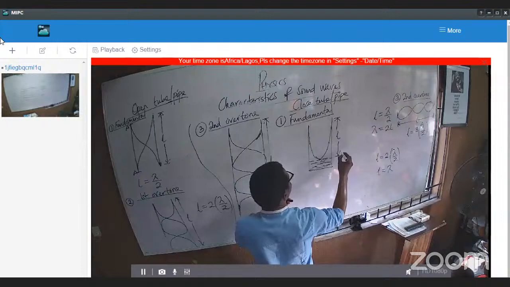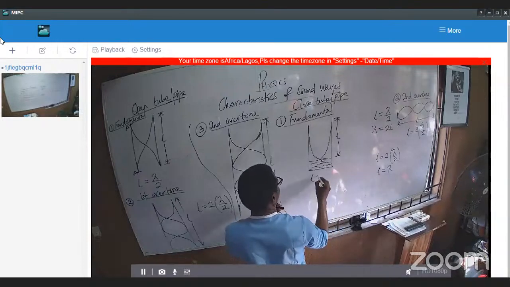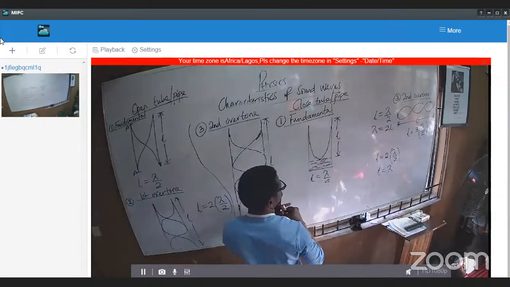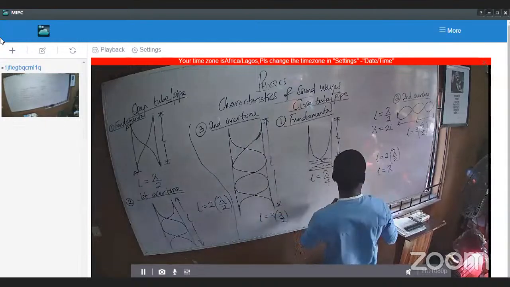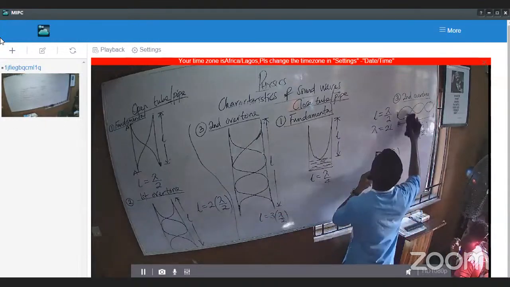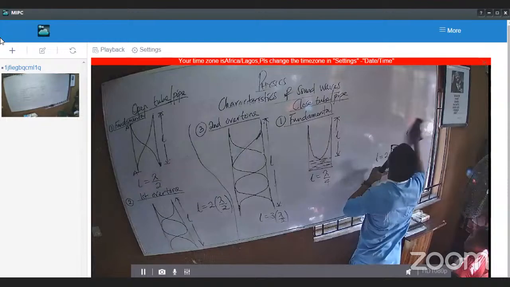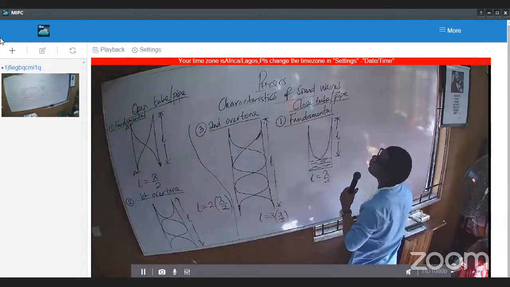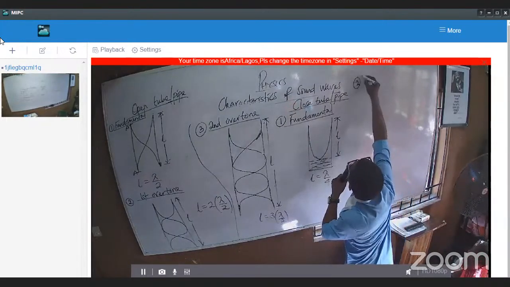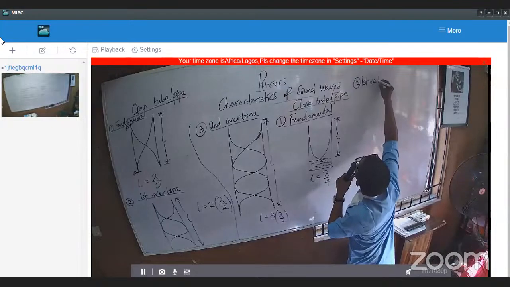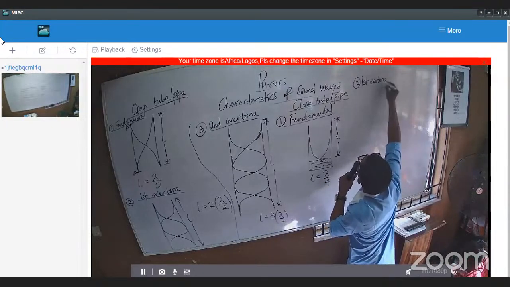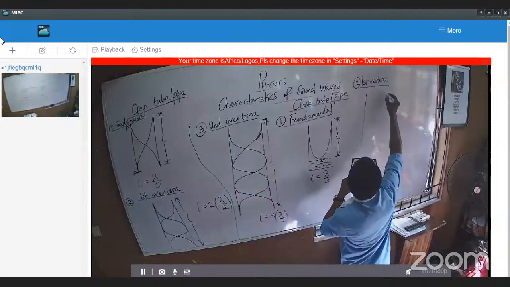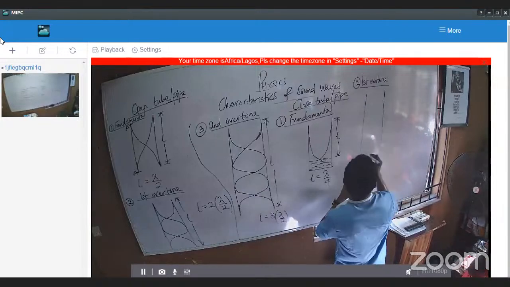That's if we ignore the end correction. Lambda over 4. Fundamental. Others lambda over 2. This one lambda over 4. First overtone. So how will I know it's the first overtone? One complete cycle in between.